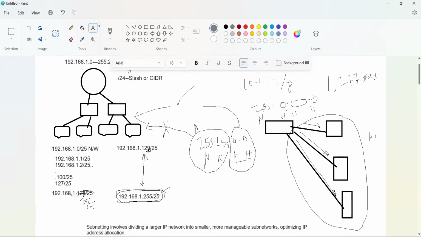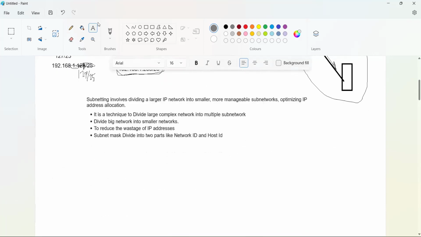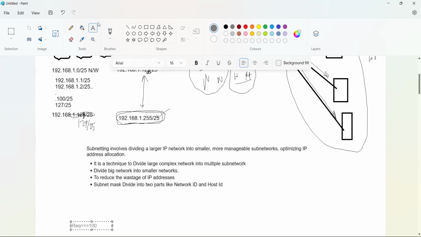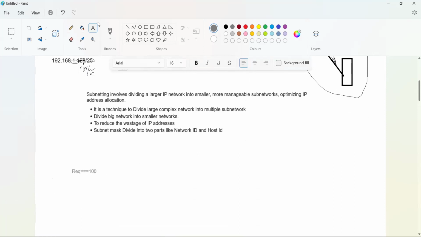See, the requirement is 100 users, and you have an IP address from the class C IP range, that is 1.0/24.